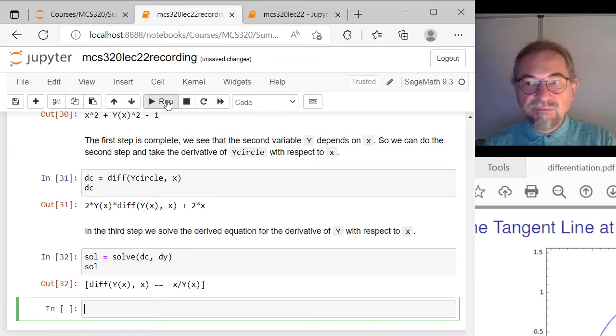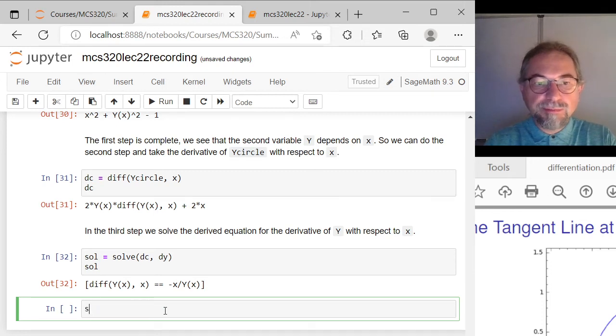And here you see that what Sage returns is a list of an equation where the left hand side is what I have solved for, the right hand side is the value of the slope. So I can get that out there.